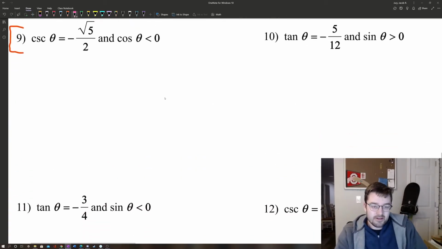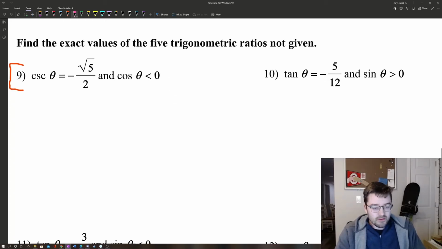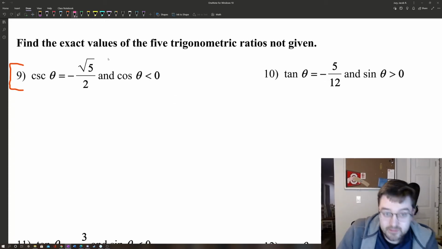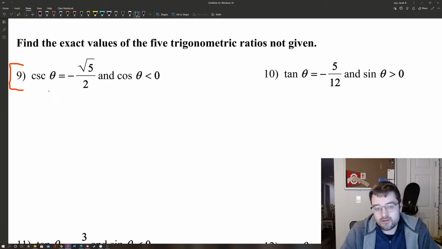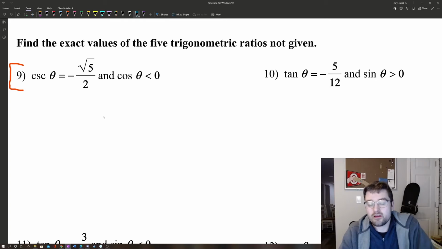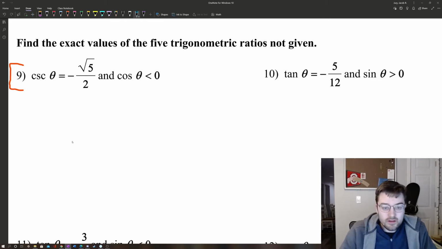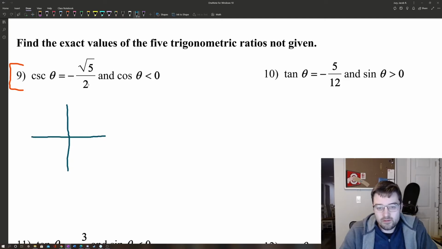All right, so number 9, we'll do number 9 and then we'll do 13 and we'll be finished here. So number 9 is we just want to find all 6 trig values that are not given. Or in this case, it's 5 trig values, and we're given cosecant theta. So this is another drawing problem where we're drawing the cosecant of theta and where that is.